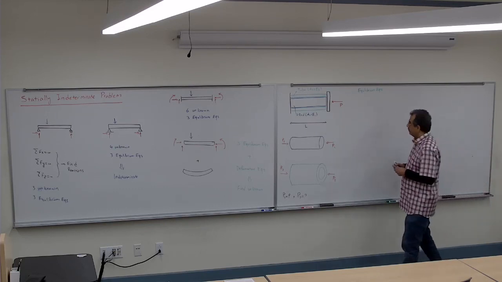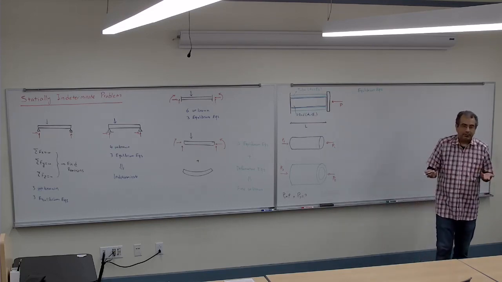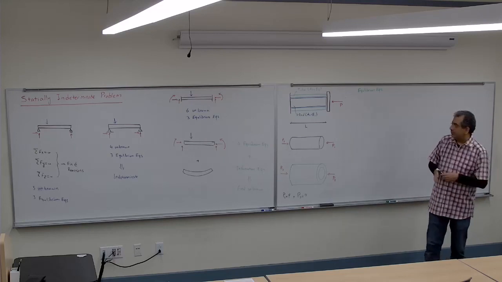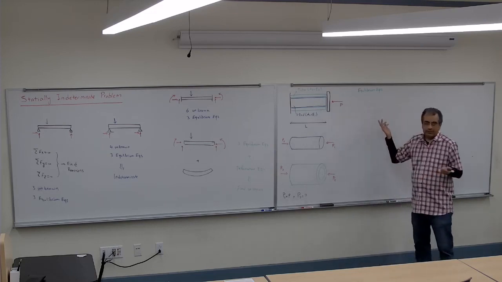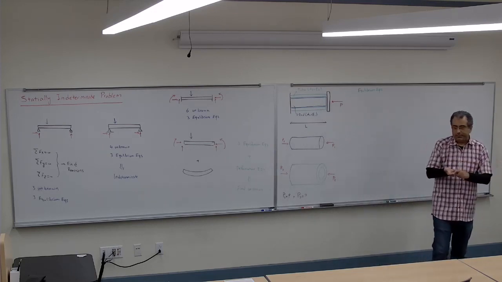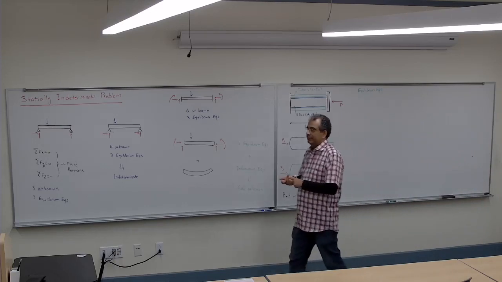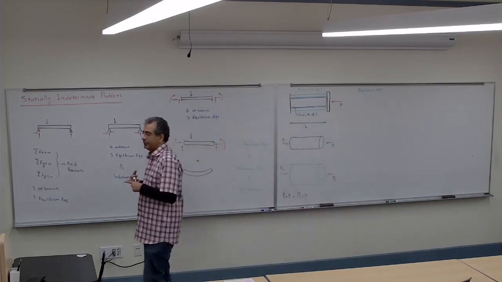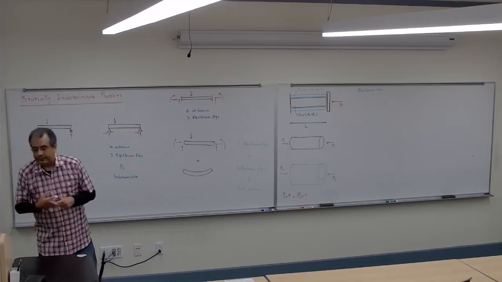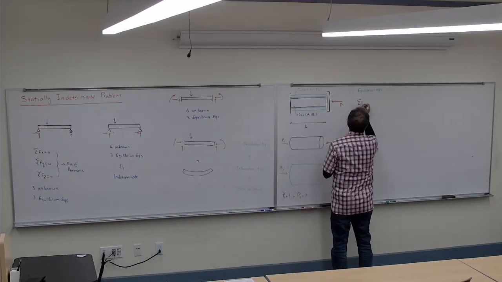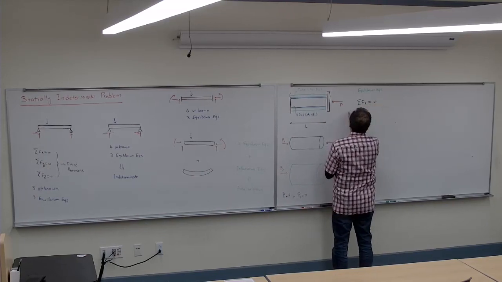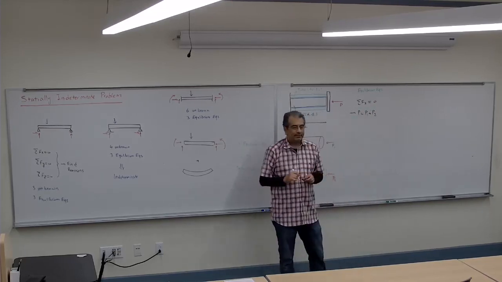Sigma M about any point doesn't give me anything either, because if I assume the sigma M about that point, that's going to be 0 = 0. The only equation that I can use as an equilibrium is sigma Fx = 0. So if I write sigma Fx = 0, what would I get? I get P = P1 + P2. Correct?